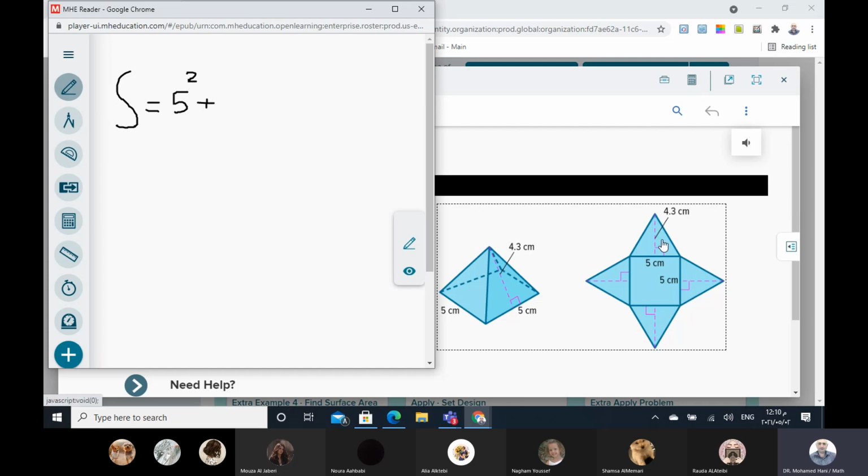We have 1, 2, 3, 4. So multiply by 4. How to find the area of the lateral face? The lateral face will be a triangle, and the formula of the triangle will be 1/2 multiplied by the base of the triangle multiplied by the height of the triangle.